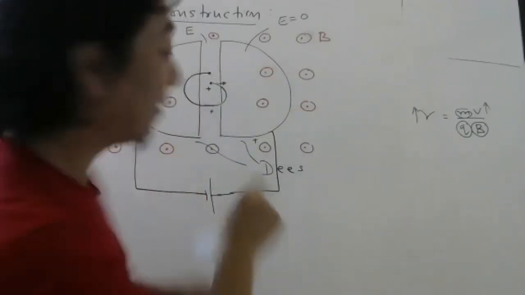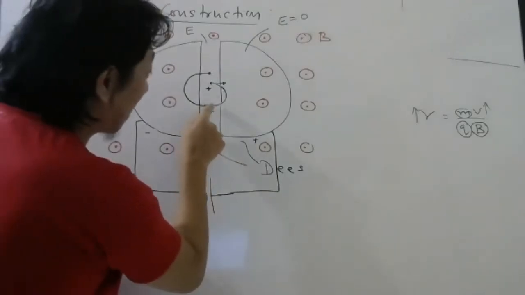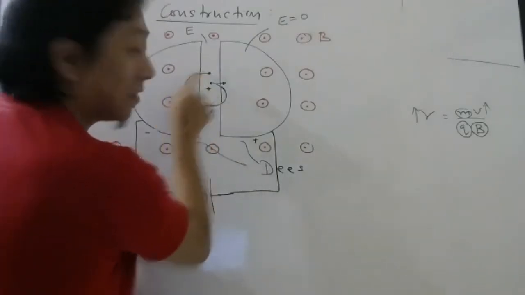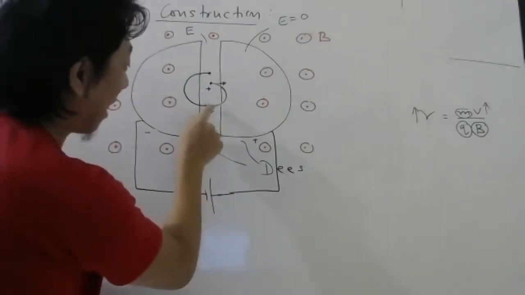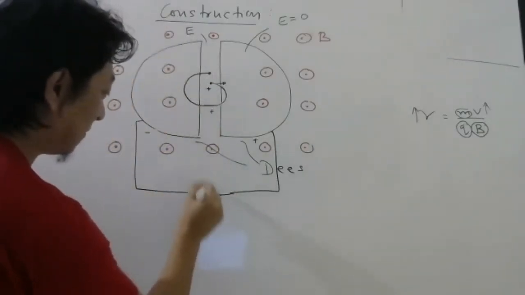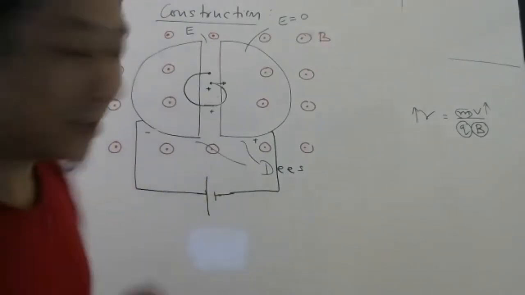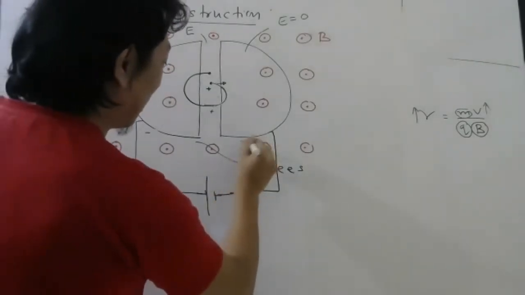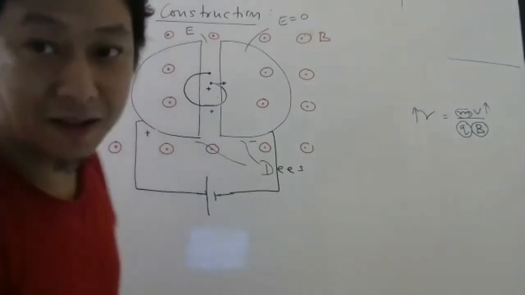So what should happen? By the time it completes half revolution, again I should change the terminals. So if I again change the terminals, this will now be negative, this will now be positive, right?